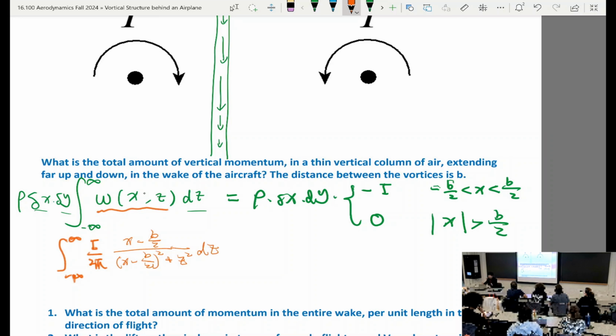So the first thing I would do is express, instead of dz, dz over x minus b over 2. That makes the variable I'm integrating dimensionless, a z over another spatial coordinate. The bound of the integral is still going to be minus infinity to infinity, because scaling z by something doesn't matter.